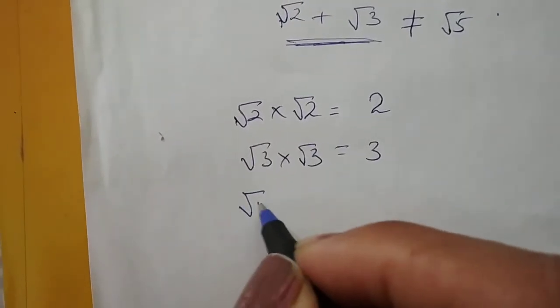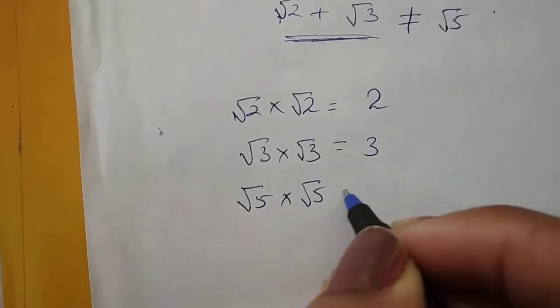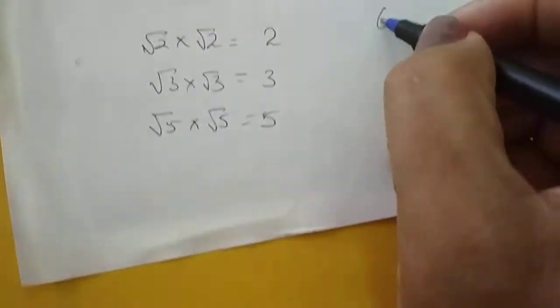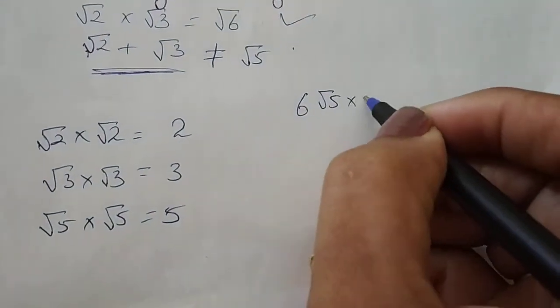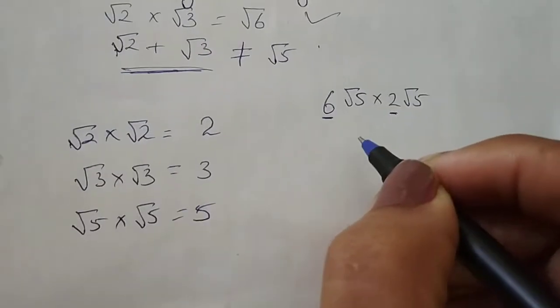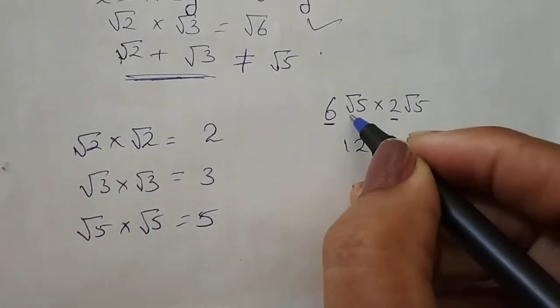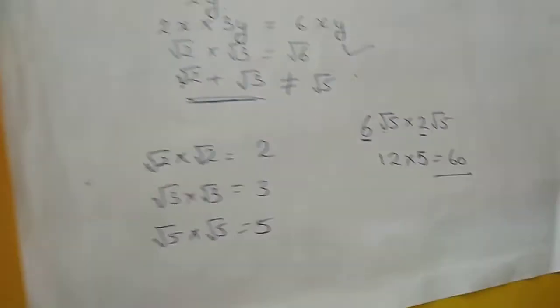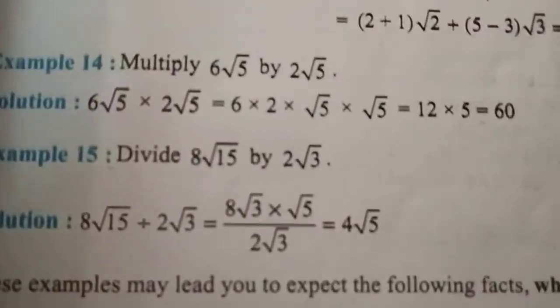Under root 5 into under root 5 is 5. So 6 root 5 into 2 root 5: 6 twos are 12, and root 5 into root 5 is 5, which is equal to 60. So this will be your answer.